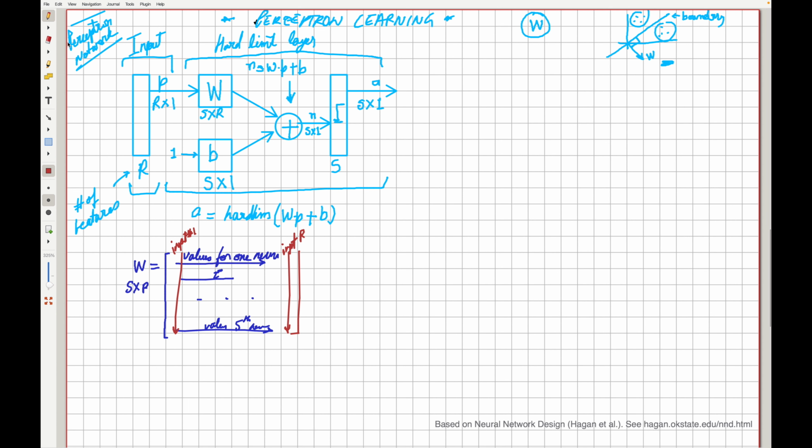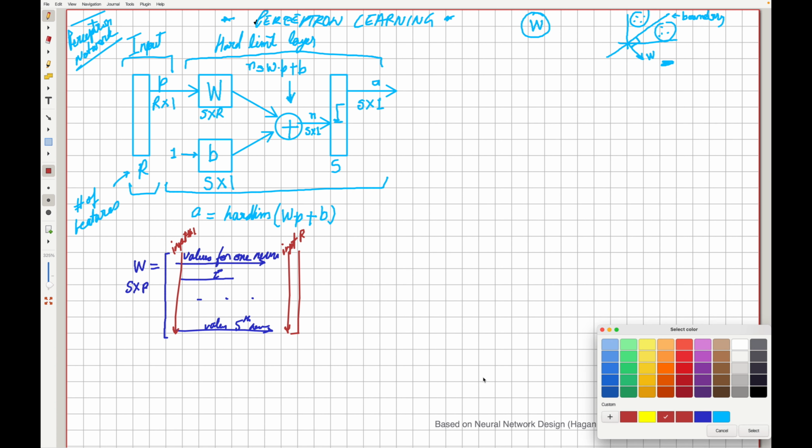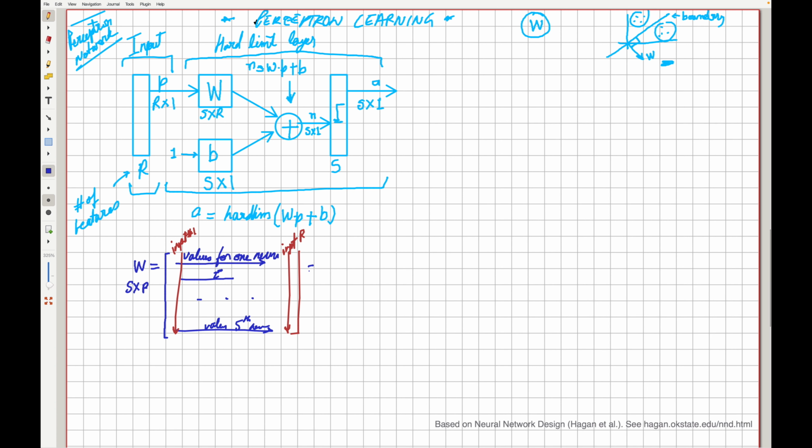So to write this out, here is how we can do that. The first thing we'll do is use subscripts to specify which neuron we are talking about and which input we are referring to. The first row, when we say W, we are going to say this is for neuron 1. So these are all going to be 1 comma.